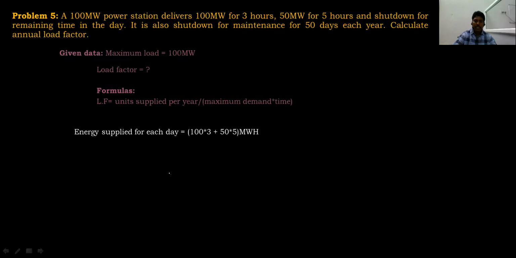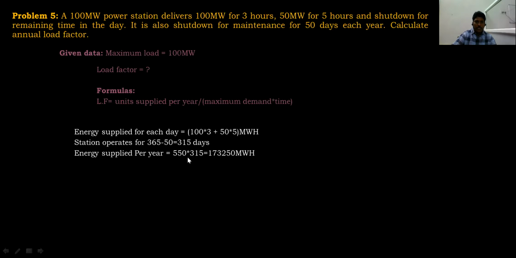Out of 365 days, the plant is operated for 315 days. Therefore, the energy supplied per year is 315 into this value, which gives 550 into 315, equal to 173250 megawatt hours.